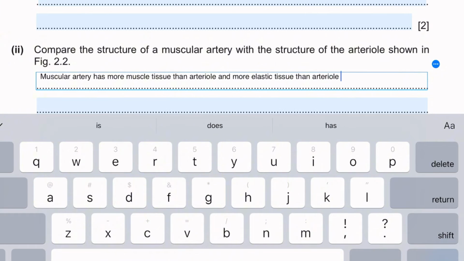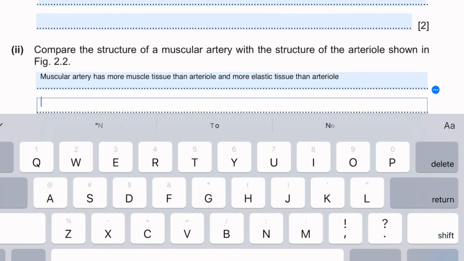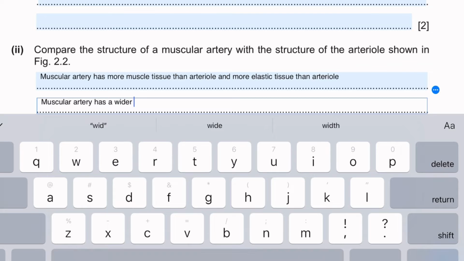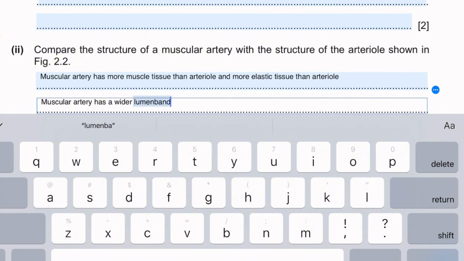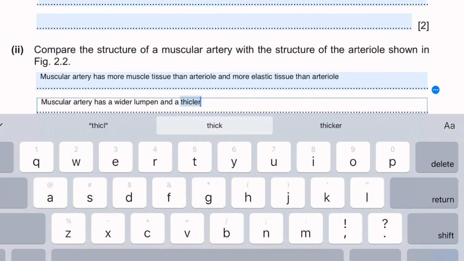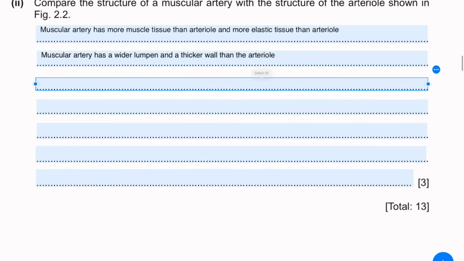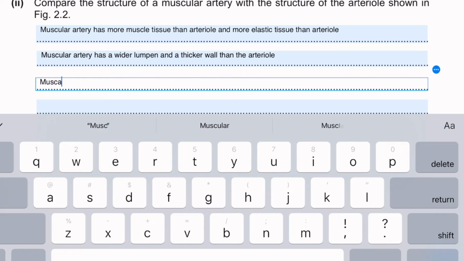And you could also mention things like how it has a wider lumen and a thicker wall than the arteriole. And then you could also mention just in general that the muscular artery is bigger.